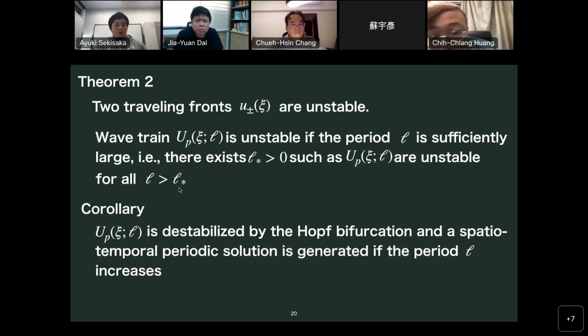And the corollary is as follows. Wave trains are destabilized by a Hopf bifurcation, and a spatial temporal periodic solution is generated if the period L increases sufficiently large. So wave trains are unstable, and Hopf bifurcations occur.